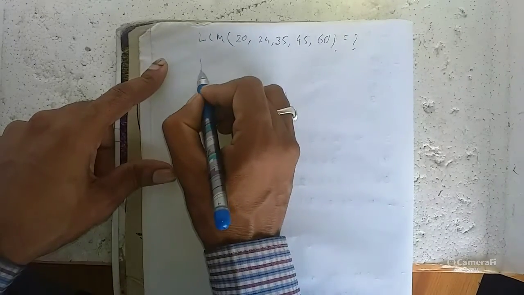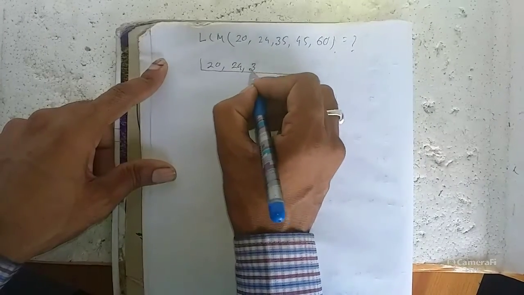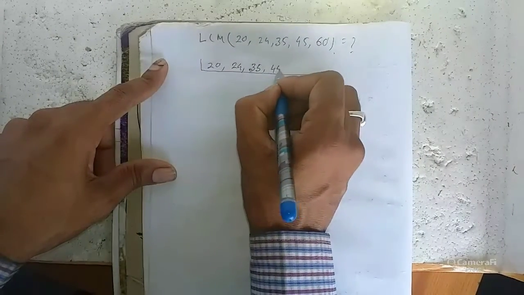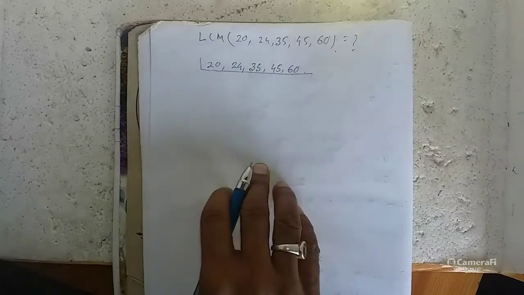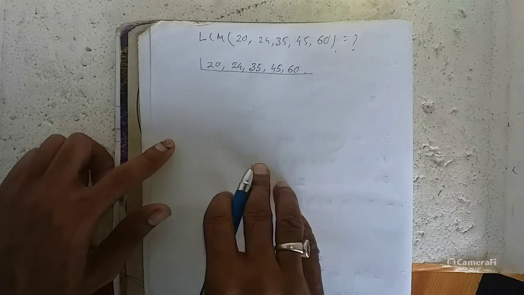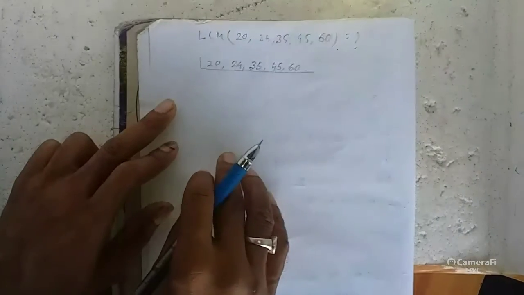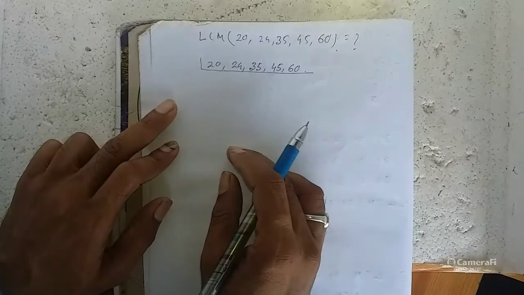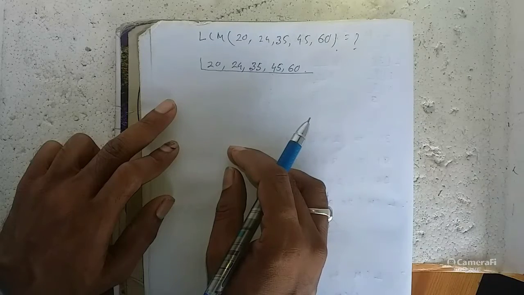So, take all these numbers together: 20, 24, 35, 45 and 60. Now, try to find a number which can divide all of this. But 20, 24, 35, 45, 60 are not all divisible by a single number, but we can go for the maximum number of numbers which can be divided by a single number.